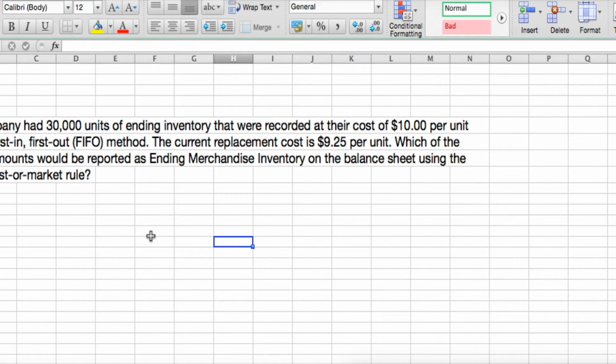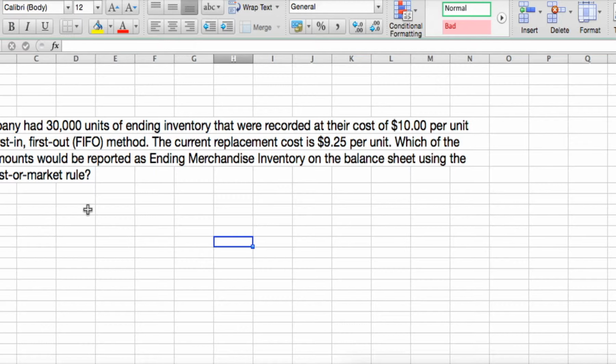Okay, now I can look at this question. It won't be exactly the same again, just the same concepts. Misty Company had 30,000 units of ending inventory. They were recorded at their cost of $10 per unit using the first in, first out method.